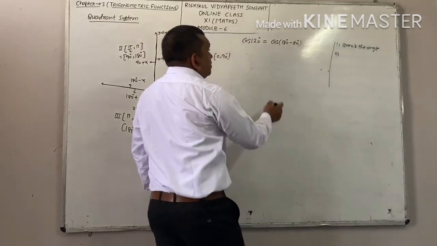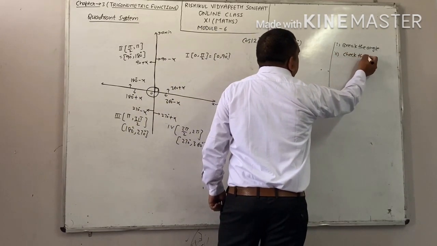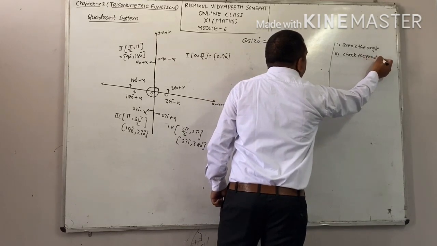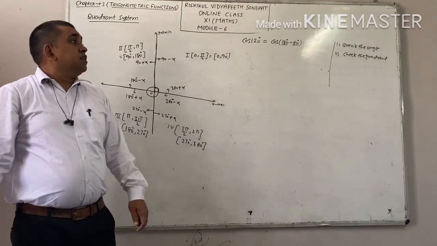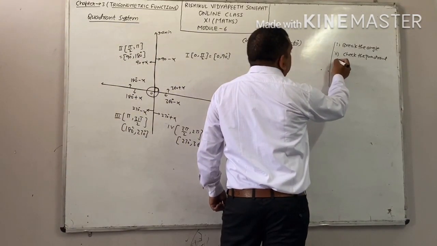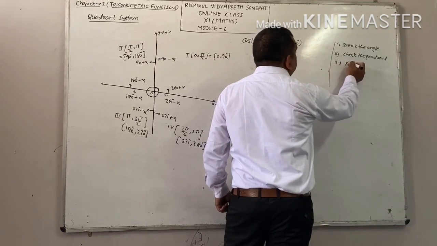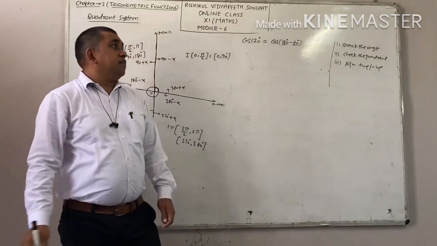Second, check the quadrant. Now check the quadrant. Which quadrant? 180 minus x. Which quadrant? Second quadrant. Now you will check the sign. In second quadrant, cos is positive or negative?